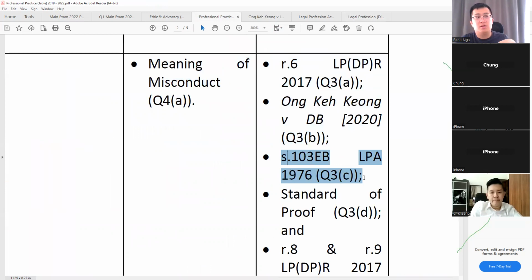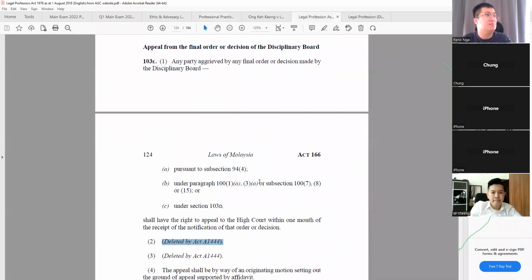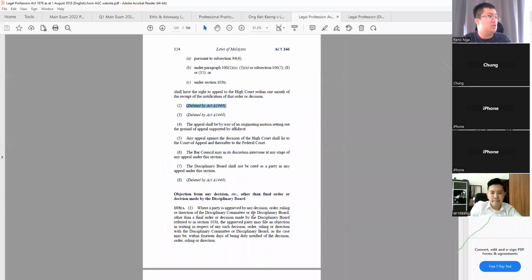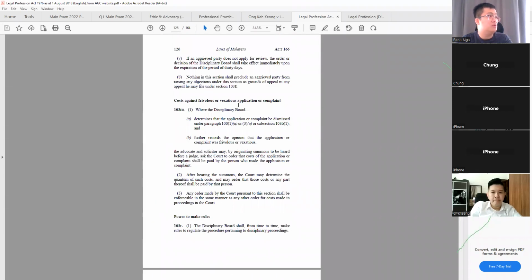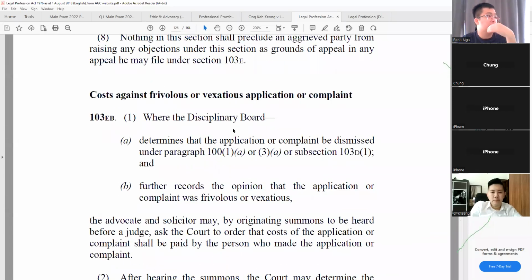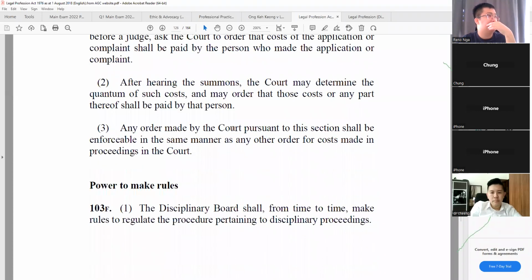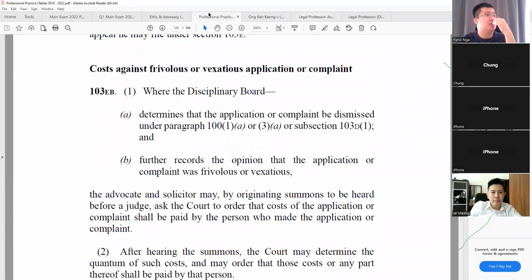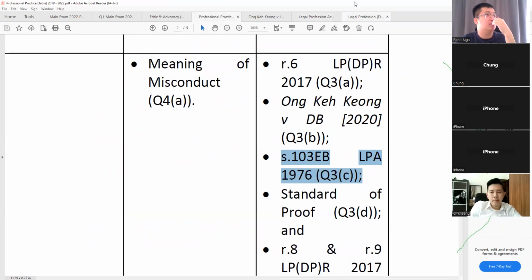Oh, okay. Sorry, I think I'm wrong. It should be Section 103 LPA, it's not the LPPR. Okay, sorry. So let us go to the LPA. 103 EB. Is it? Let me see again. 103.